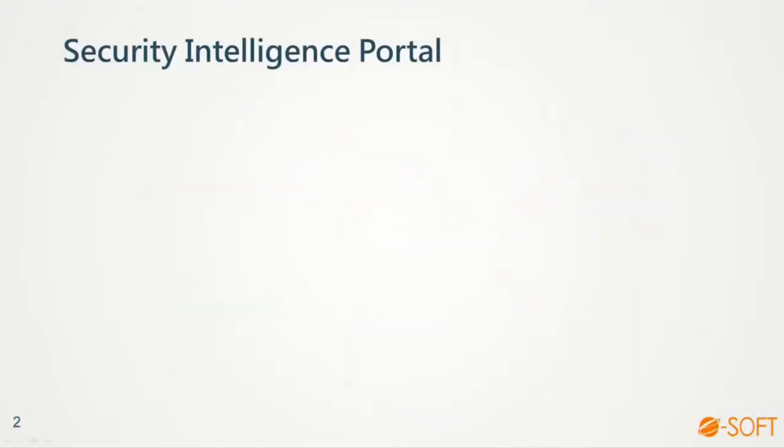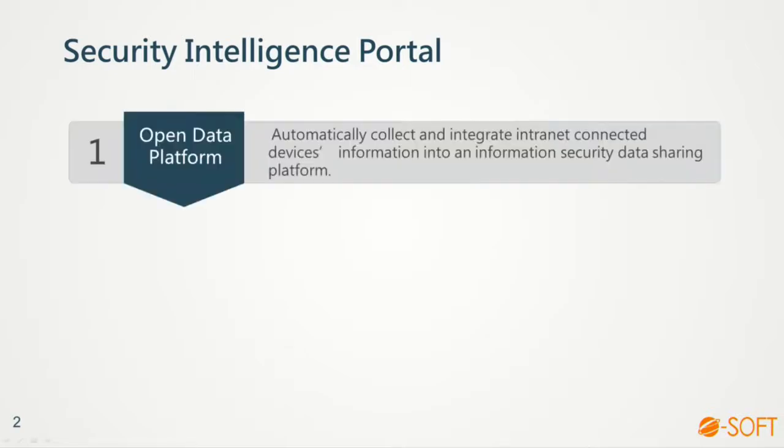So what is the solution? What is a security intelligence portal? The portal can help you to improve your security management in 3 simple steps. First of all, it's an open data platform.